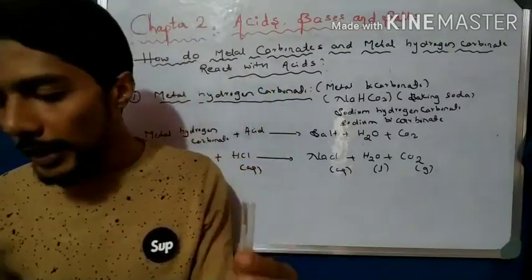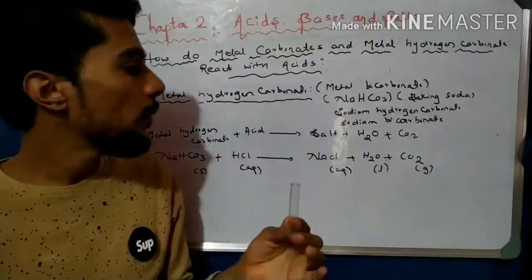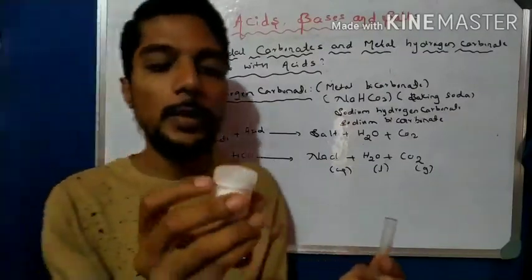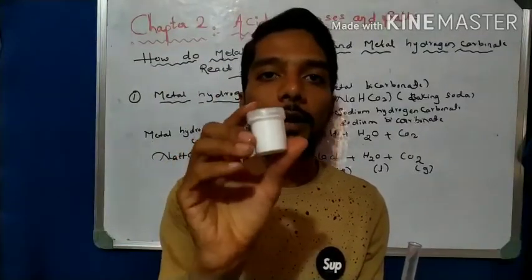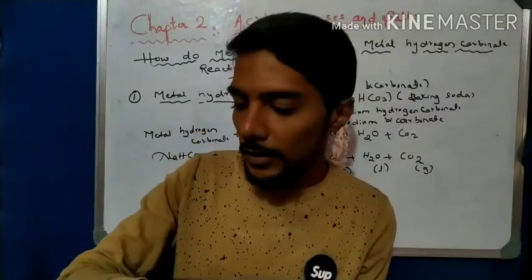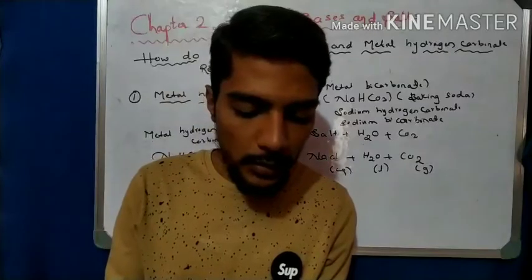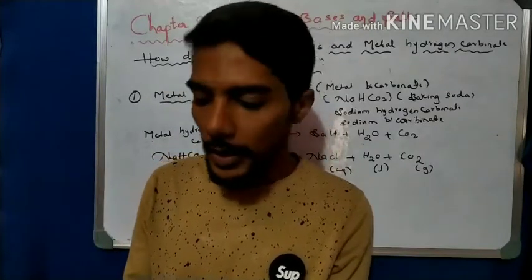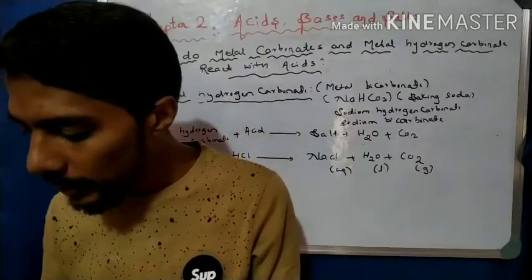Now it is time to take sodium bicarbonate, NaHCO3, which looks like washing soda, a white powder. I take a small amount of sodium bicarbonate into the test tube.